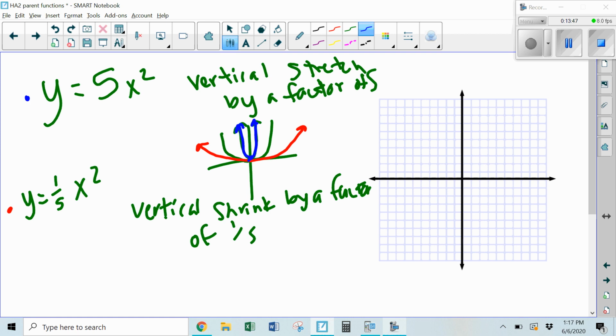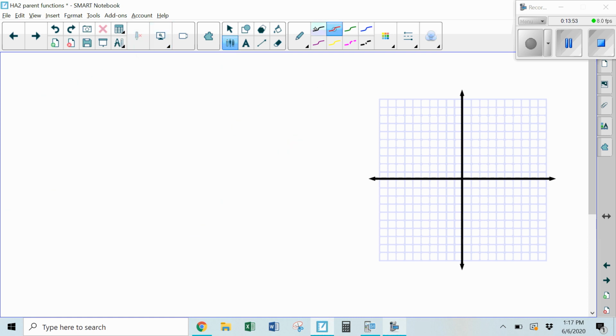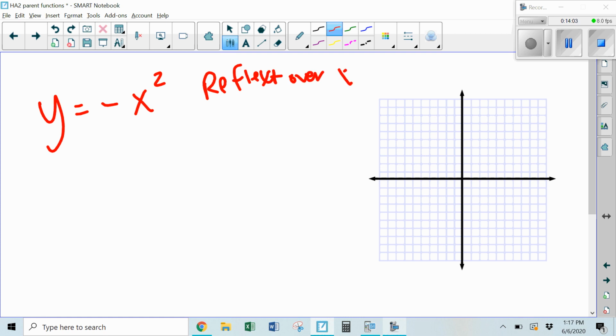It's not going to rise as fast, it's vertically shrinking. And the last thing that we learned was a negative on the outside is going to reflect over the x-axis.